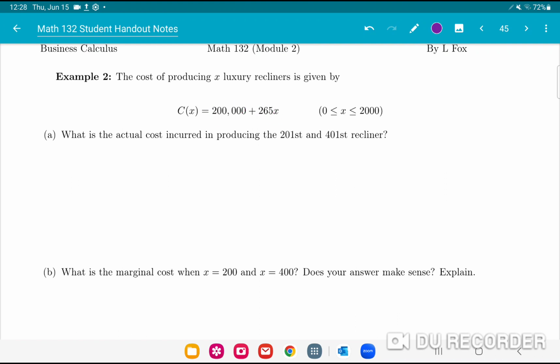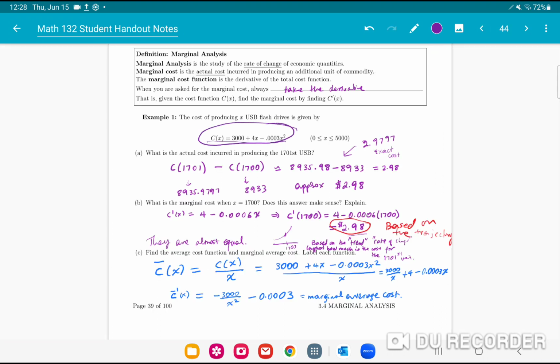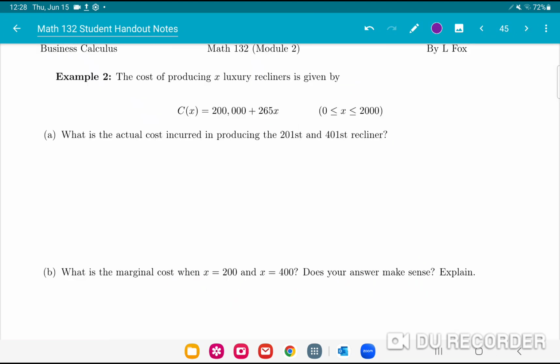It's not as simple as this in most cases, but sometimes it's as simple as that. So in this case, we want to find what's the actual cost incurred for producing the 201st and 401st recliner.